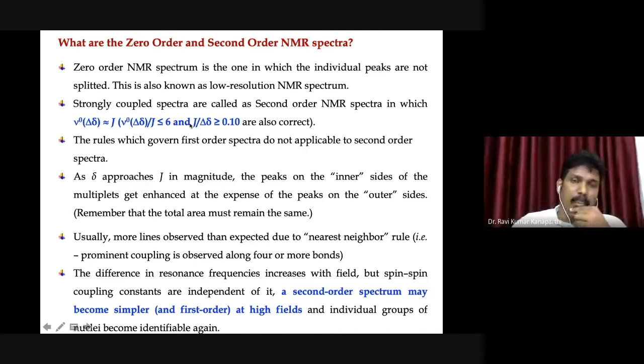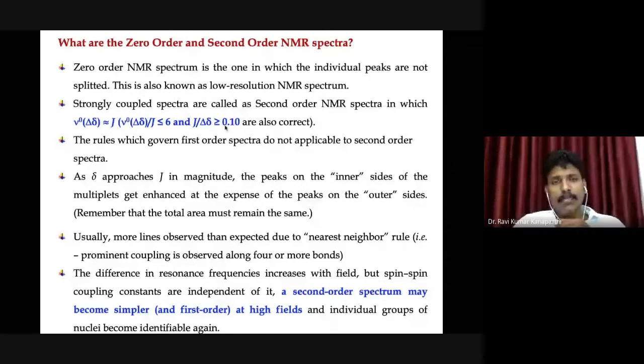For the reverse ratio, J divided by delta delta is much greater than 0.1. If so, then we call such a spectrum a second order spectrum. In a second order spectrum, we normally don't find the splitting pattern expected from the n+1 rule.